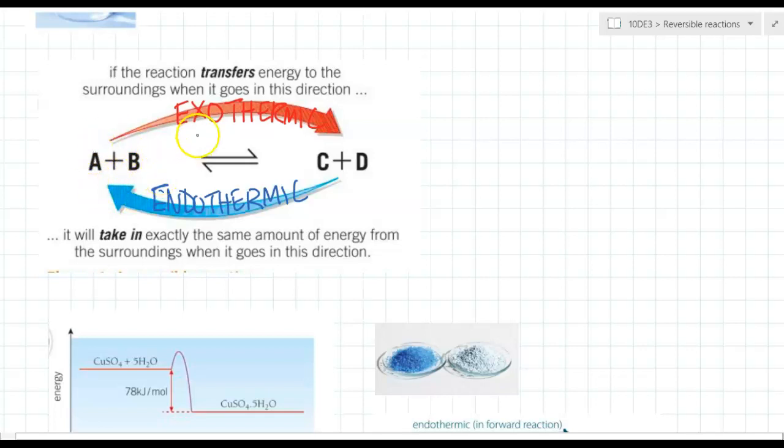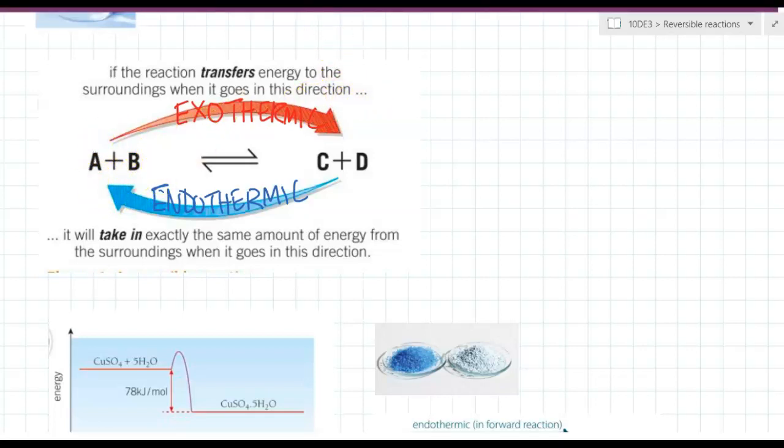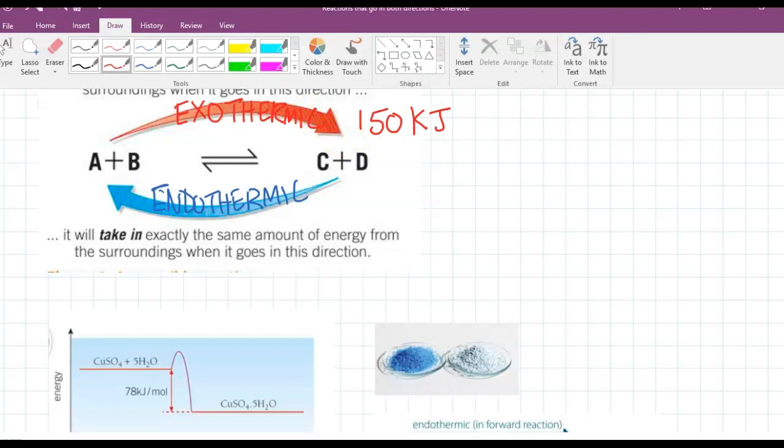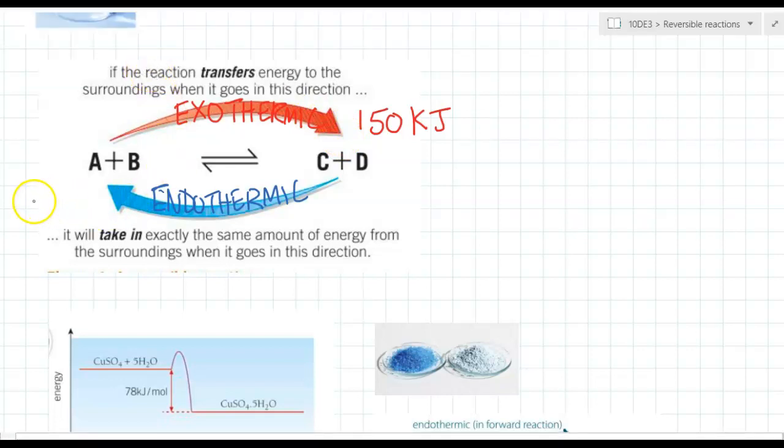So if this example here, when it's going forwards, let's say it gives out 150 kilojoules of energy, if it gets hotter by 150 kilojoules going forwards, then it's going to get cooler and take in 150 kilojoules from the surroundings in the other direction. The size, the value of these amounts of energy is the same. Okay?